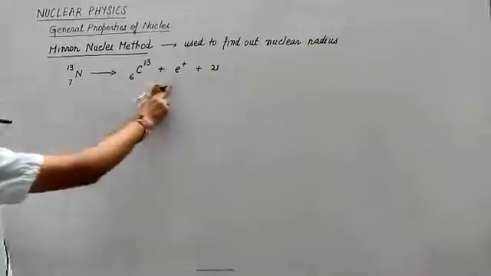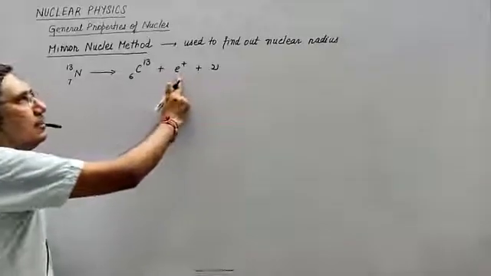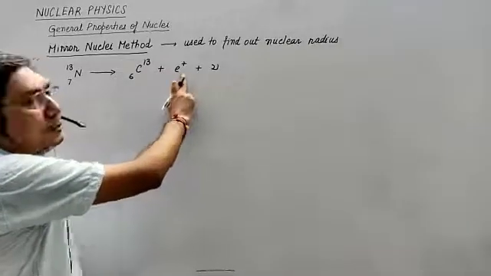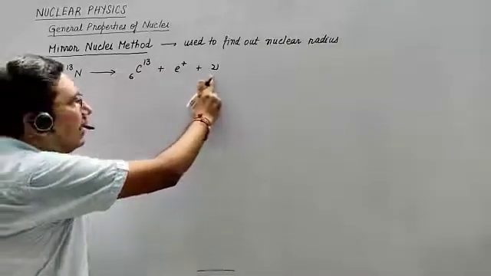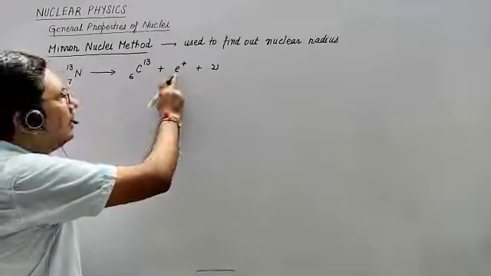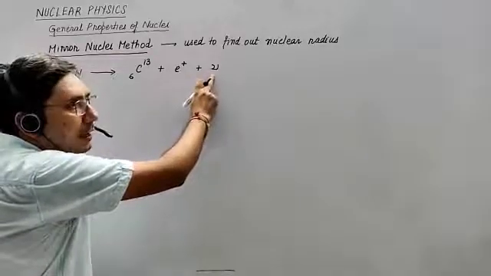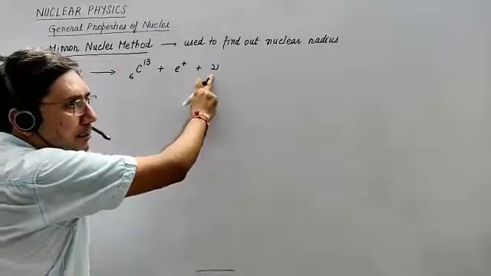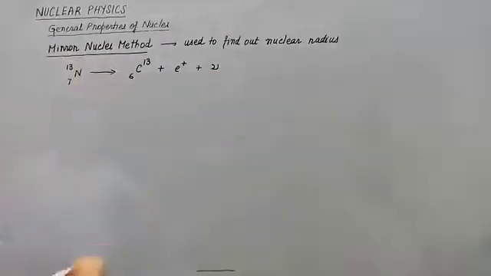Whenever a positron is emitted in a beta decay, there is always an associated particle that is emitted, that is known as the neutrino.